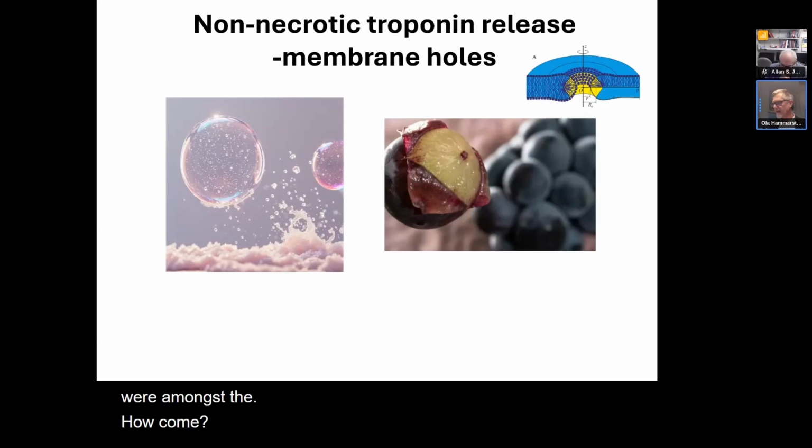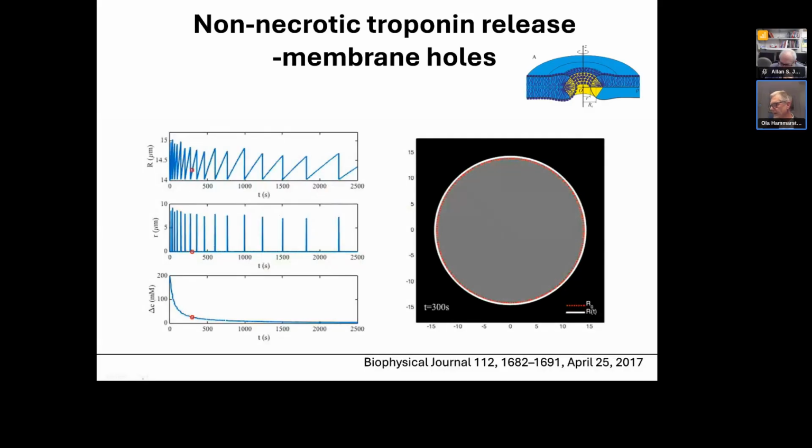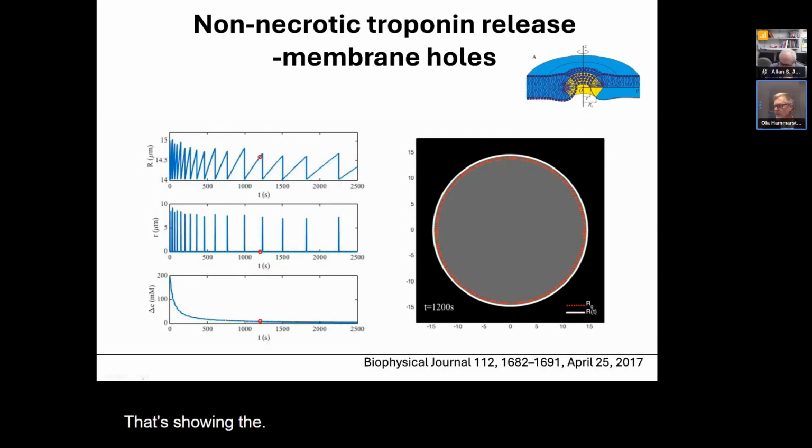So there should be a red X in the image, and in the next image, if you start the animation, it shows that the membranes of cells have a capacity to self-repair.